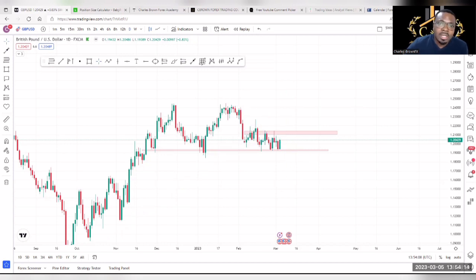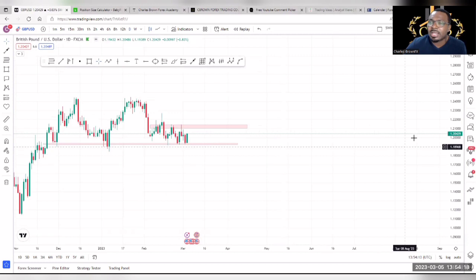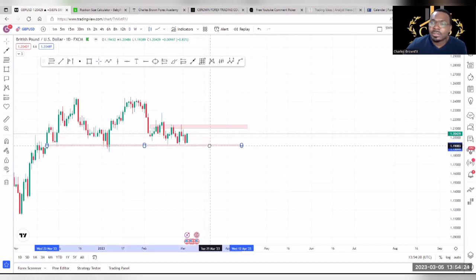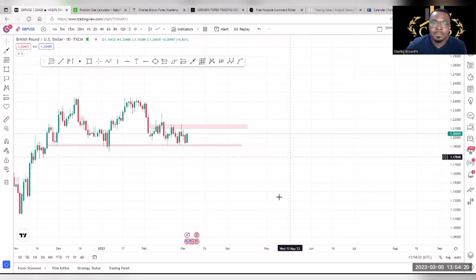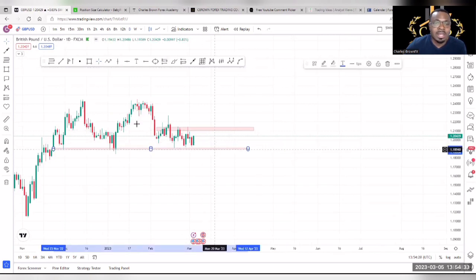Now let's look at this in a much broader light. First of all, we see that there is a key level here, which is 1900. This is a psychological level, 1900, that price is at right now. Price tapped into that 1900 and started creating consolidation.